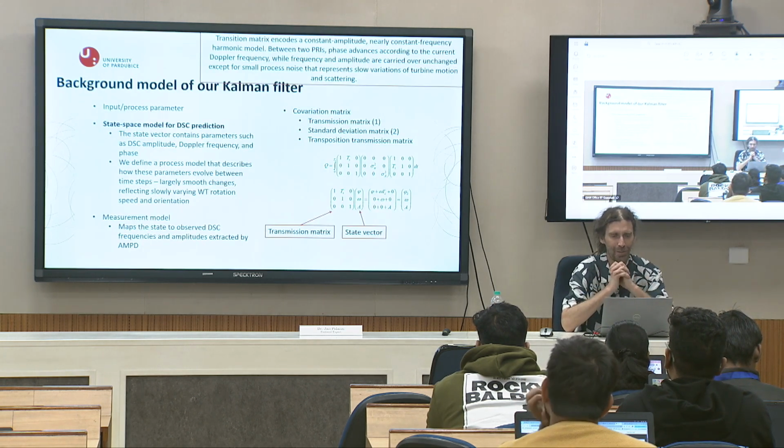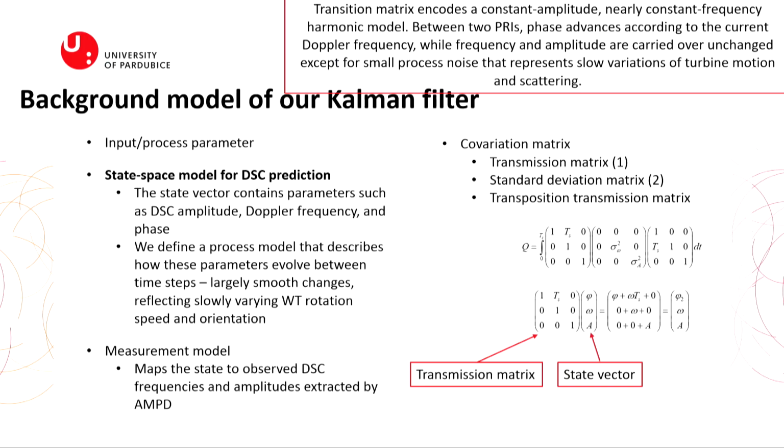Last slide, and then we will make a break. There is some description of our input and process parameters. So the state space model for DSC prediction contains the parameters DSC amplitude, Doppler frequency, and phase. We define this process model that describes how these parameters evolve between time steps, largely smooth changes reflecting the slowly varying wind turbine's rotation speed and orientation.